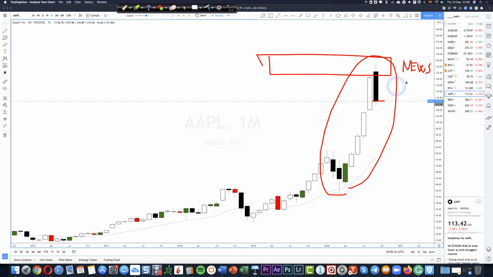COVID is a news event, and it is providing us with the scenario for a potential retracement because it's bad news for Apple. Why is it bad news for Apple? It is an IT company. Well, maybe because most of their phones, or the components of their phones, are built in China.